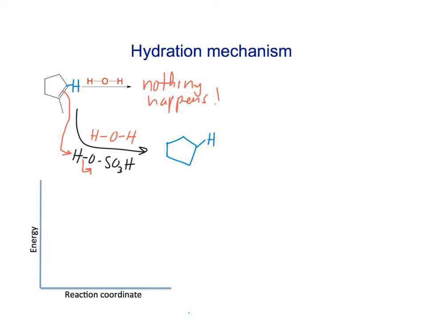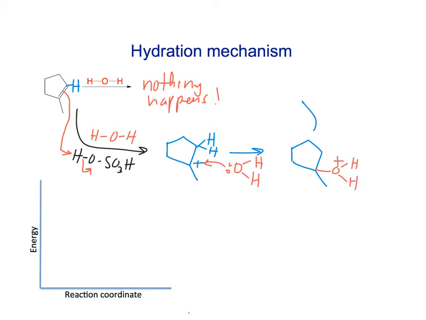It's going to follow Markovnikov's rule, so we protonate at the position with more H's. Once we form the carbocation, this reaction is essentially like an SN1 substitution, because now we can have our water molecule react with the carbocation to give ourselves a protonated water molecule here.